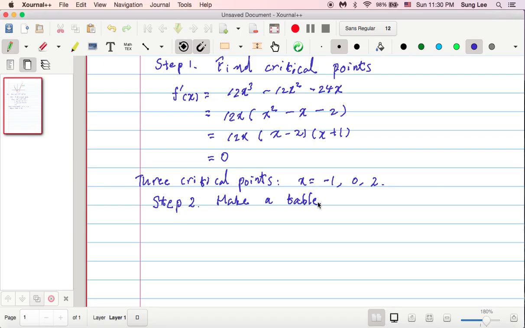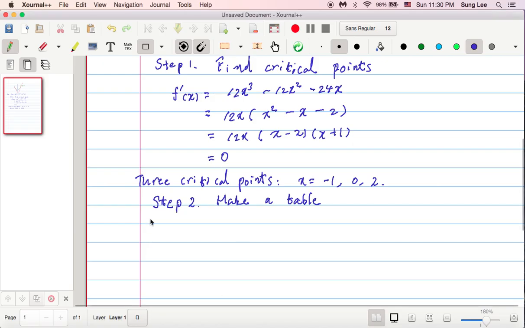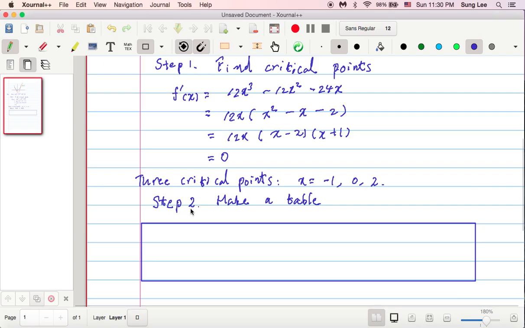Since we have three critical points, I'm going to need three rows and eight columns. I think this will give me enough space.